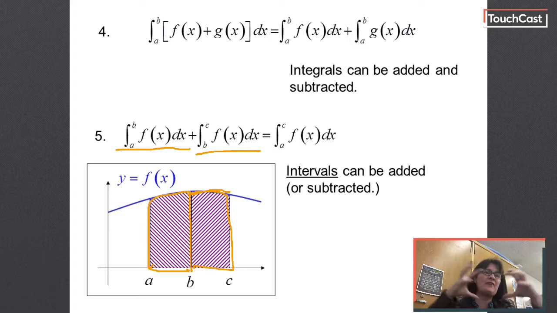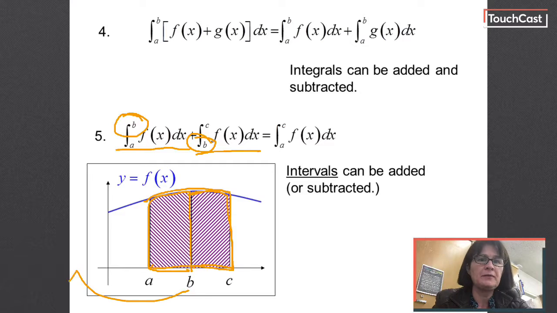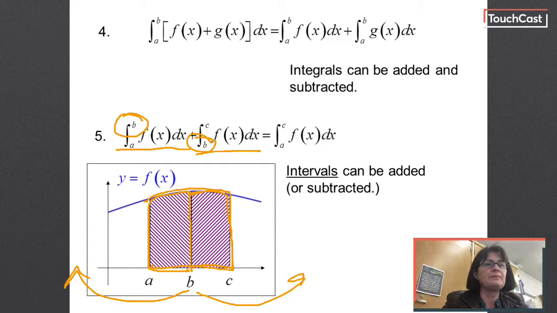That's the same as if I had just found the area over that entire interval from a to c. The cool thing is, this property works even if b is not between a and c. So feel free to explore using this property even if b is out there or out there.